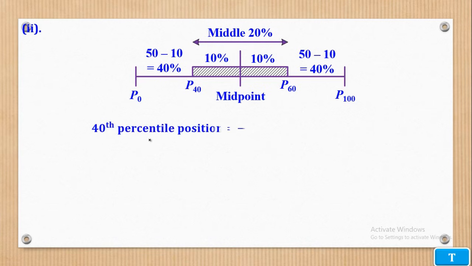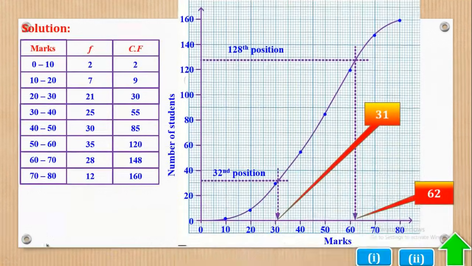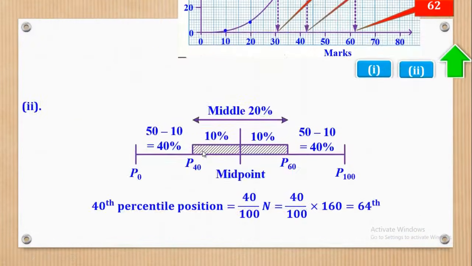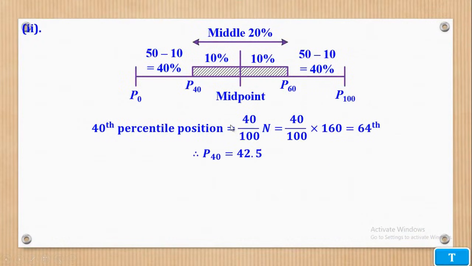Therefore, we need to get the 40th percentile position, which is 64. So we shall come and locate 64 and draw a horizontal line to meet this curve, draw a perpendicular to meet the horizontal axis, and read off that value, which is 42.5. Therefore, you come here and say that P40 is that. What about the 60th percentile position?